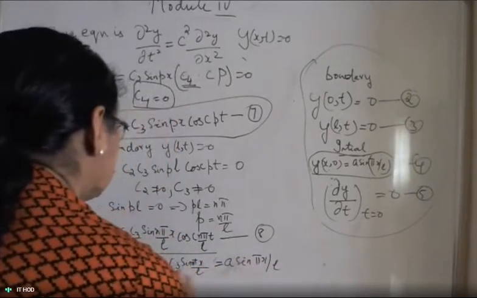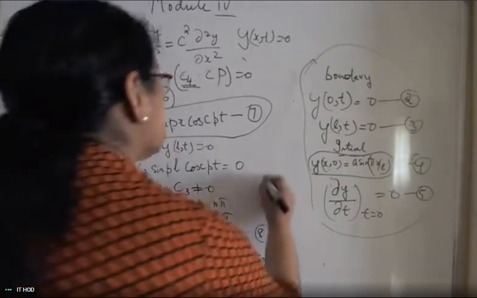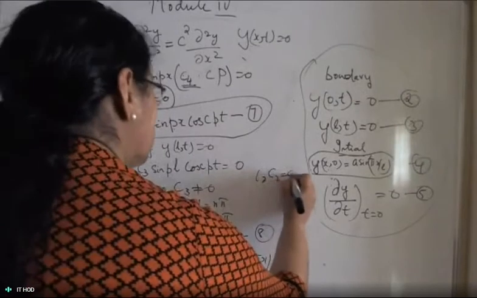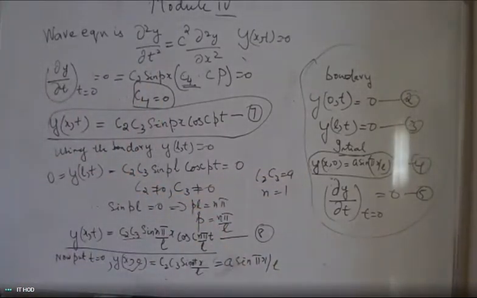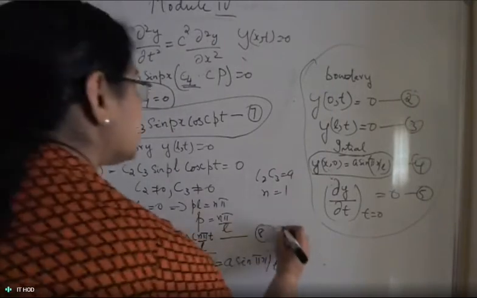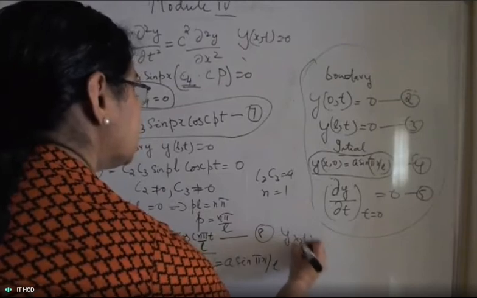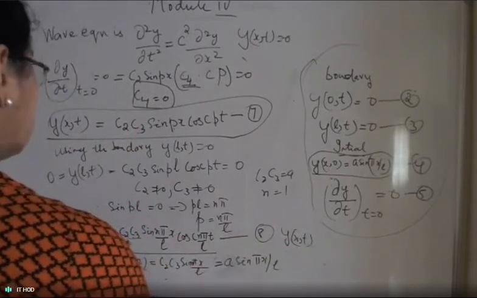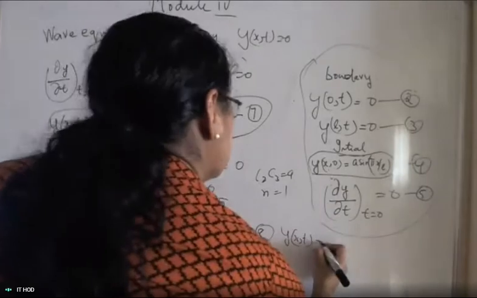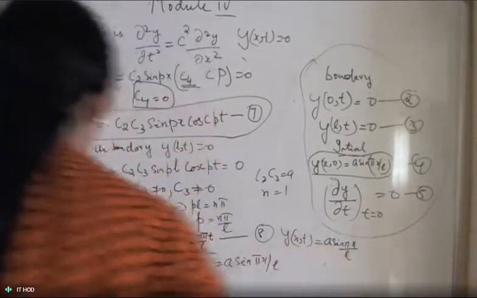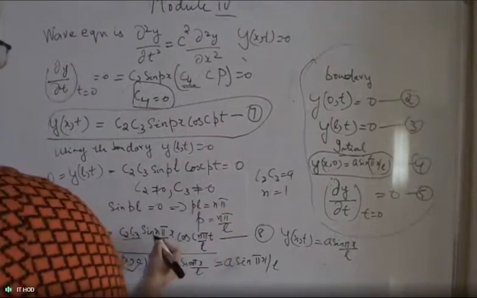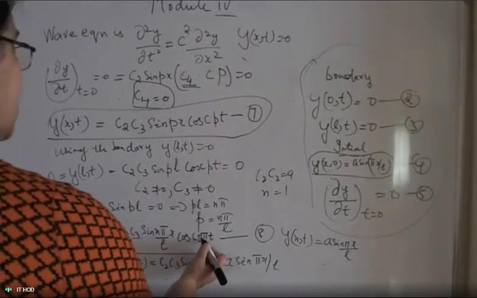So what is our C2 C3? C2 C3 is equal to A and n is equal to 1, comparing those two. So you can write y(x,t) is equal to A sin(πx/L), we have an n here that is 1.